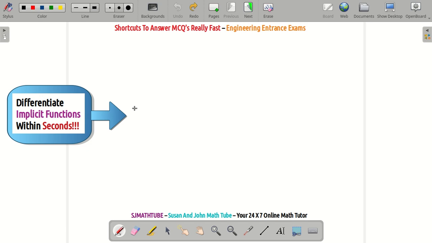Okay, so what do you mean by implicit functions and what do you mean by explicit functions? The simple definition is, if you have something like y is equal to sine x, it's called an explicit function because y is completely given in terms of sine x.